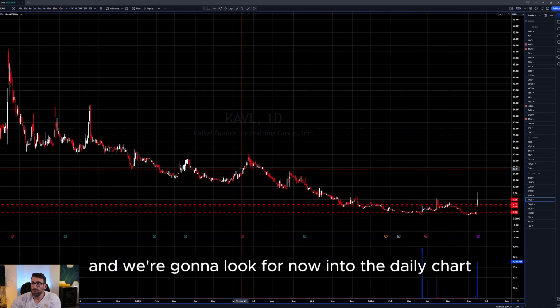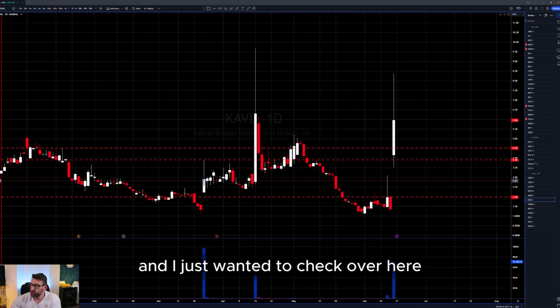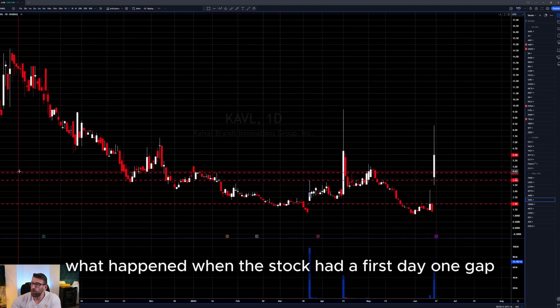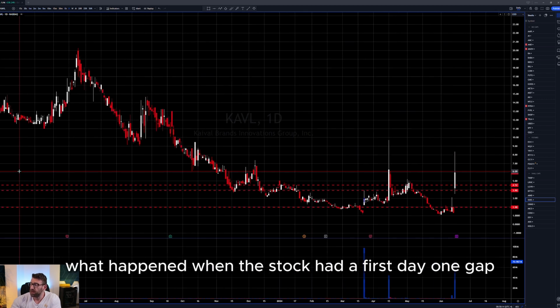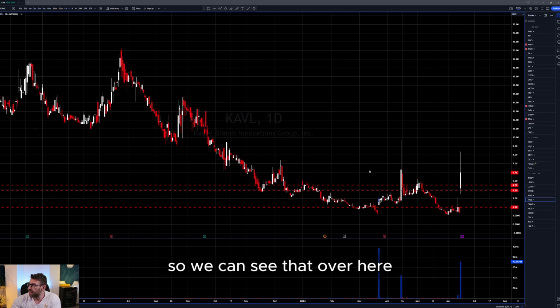And we're going to look now at the daily chart. I just want to check, at least for the last 1 year, what happened when the stock had a first day one gap. So we can see that over here, this was in March 2024, the stock gapped, extended, and then failed.